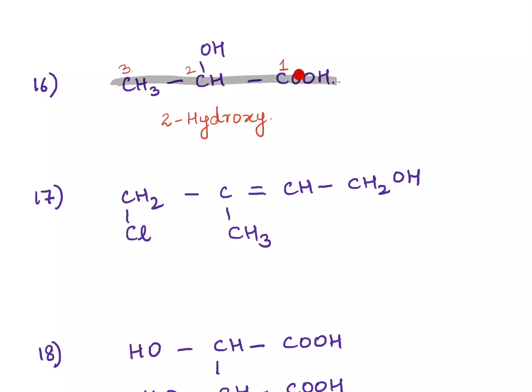Now, how many carbon atoms in the chain? 3. So it gives me the word root prop. Saturated, unsaturated? Saturated. So ane. What's the functional group? Yes, it's a carboxylic acid. So it's written as oic acid. What is the position of that oic acid? It's in position number 1, right? So position number 1 means I can avoid writing it as well.